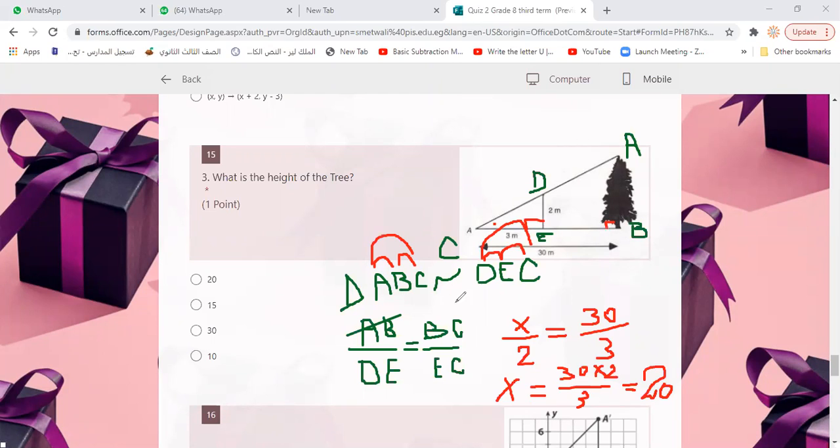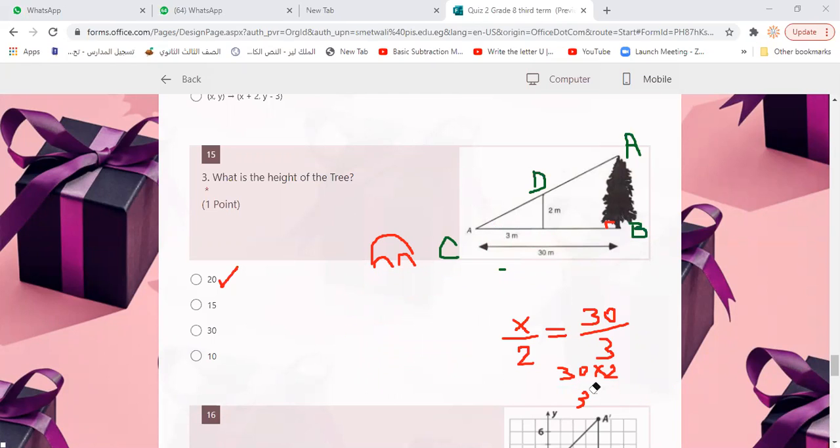Instead of AB, we put X, DE equals 2, BC 30, EC 3, then it will be 2 times 30 divided by 3. So the answer will equal 20. So the right answer for this question will be 20. Then once we can say that those two triangles are similar, we can use the proportional relationship to find the missing side.